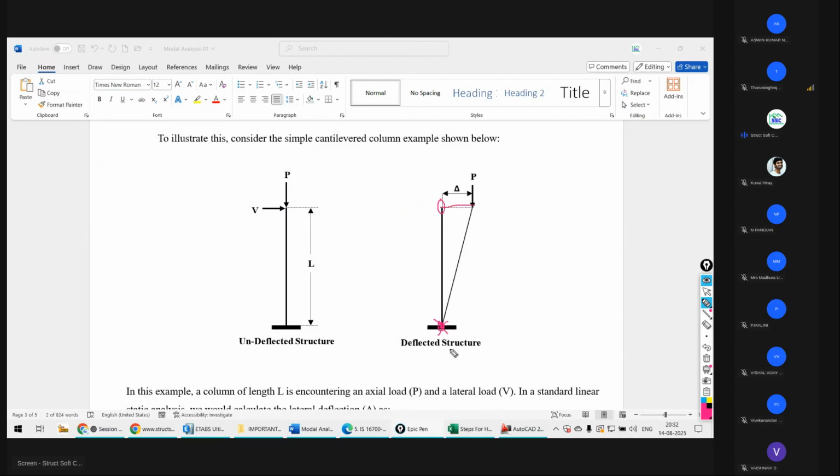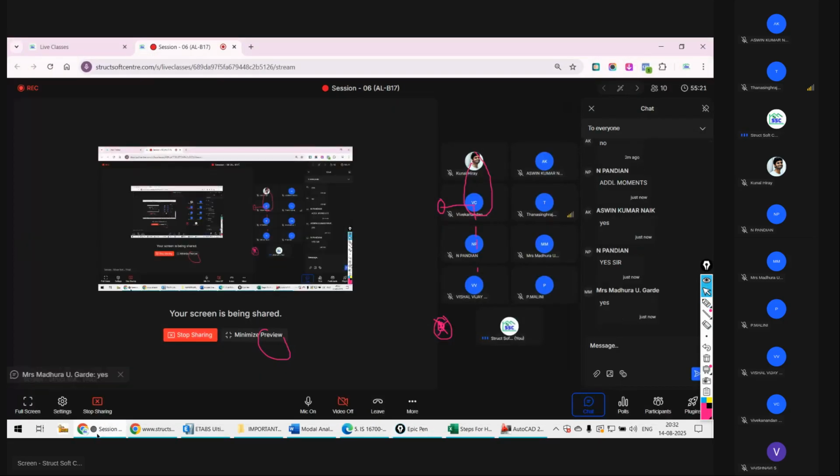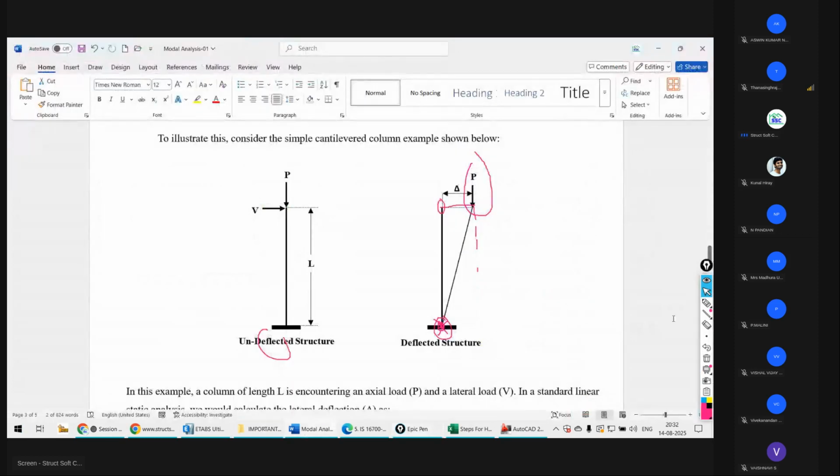Now tell me, in comparison with the first case, in the second case will there be additional moment at the base of the structure or not, due to this gravitational load? Yes or no? Yes, additional moment will come, and that is called the secondary moment. Primary moment, very simple: primary moment M1 will be equal to your lateral force multiplied by the height of the structure.